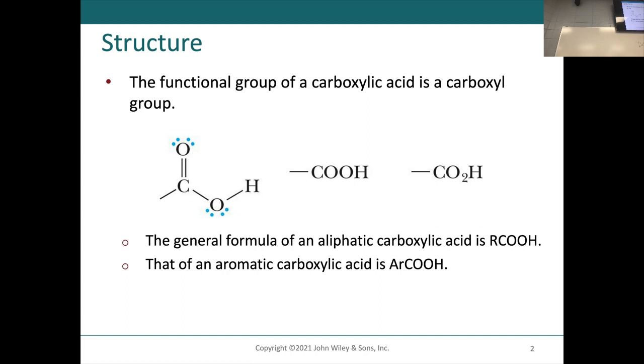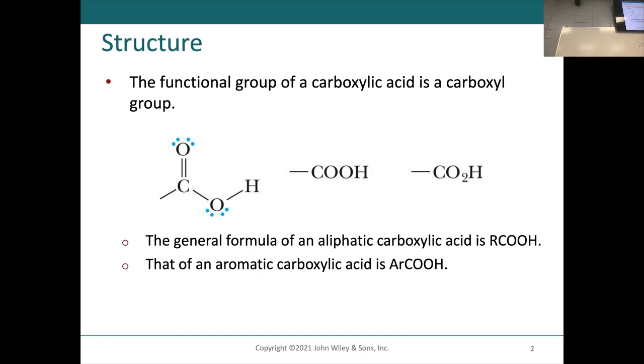So you will find us drawing these out several different ways. Of course, there's the general formula that I just drew with the lone pairs of electrons. You will find sometimes in books where they will just draw it out as COOH or as CO2H. All of those, by sight, you need to look at it and say, that is a carboxylic acid, okay?